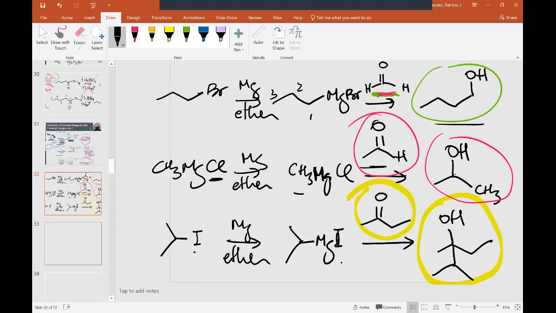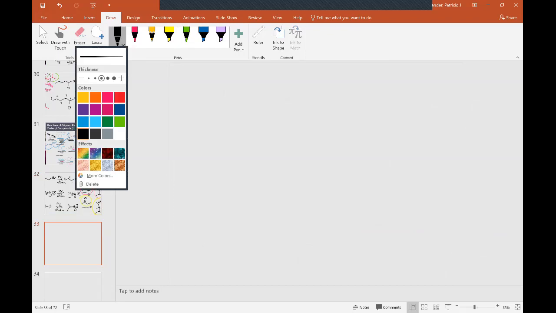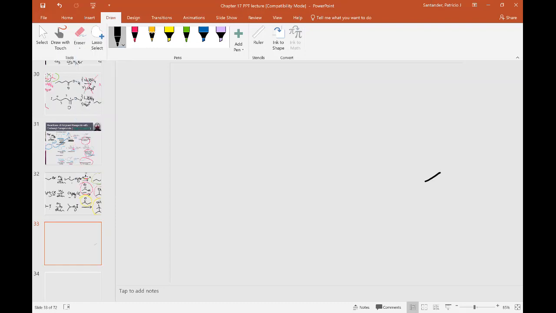So now we are going to try something quite interesting. How about if I give you the structure of a tertiary alcohol where all the 3 R groups are different? Let's say that you have this.